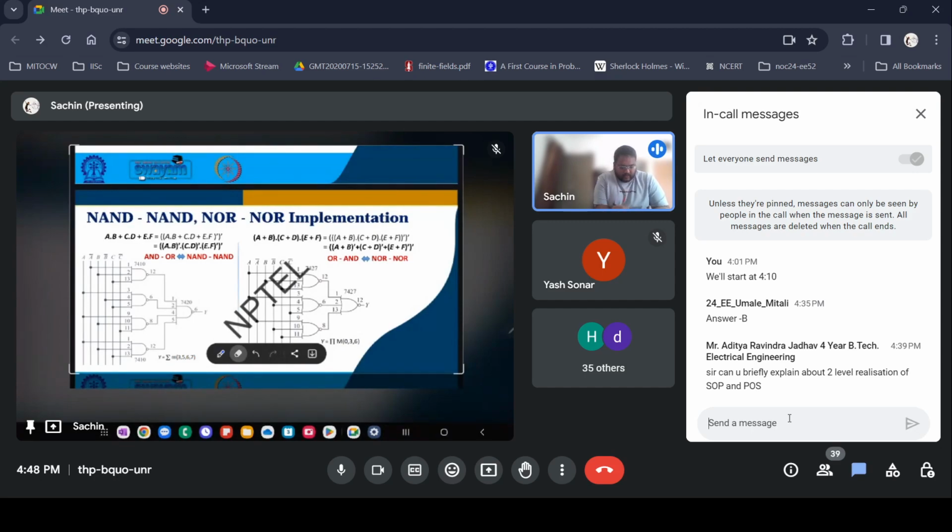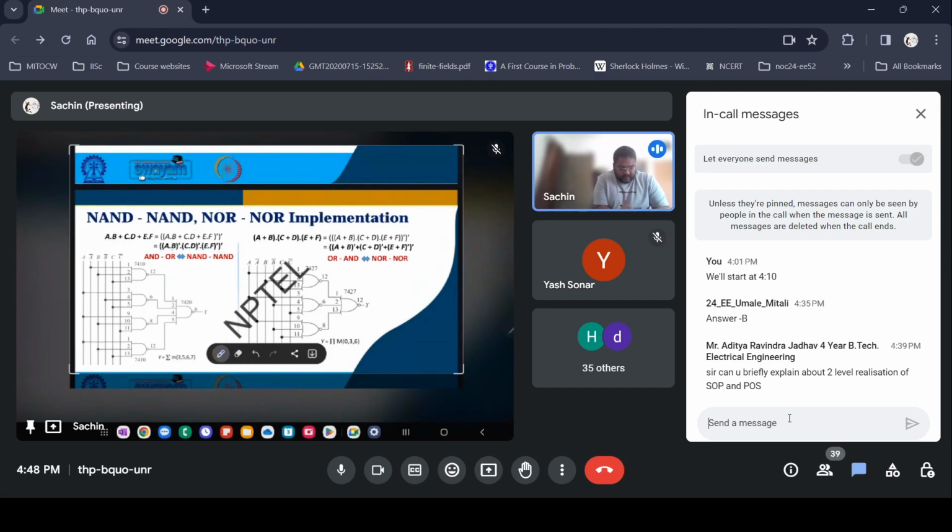So now these two expressions, this one and this one, they are logically the same. That is, for the same combination of inputs, they'll give the same outputs. Only thing is, the way you implement it is different. You can use different gates to implement those.